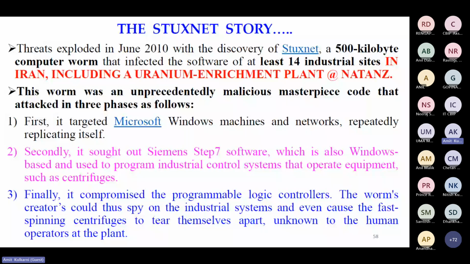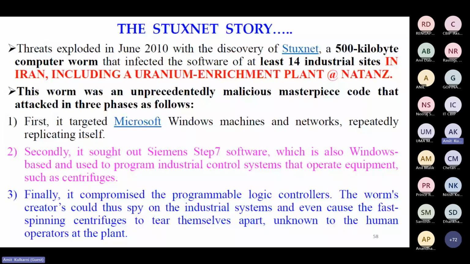Secondly, it sought out Siemens Step 7 software, which is also Windows based, and used to program industrial control systems to operate equipment like centrifuges. And finally, it compromised the PLCs and affected their functioning, resulting in the centrifuges getting damaged. Now, in short, what happened?